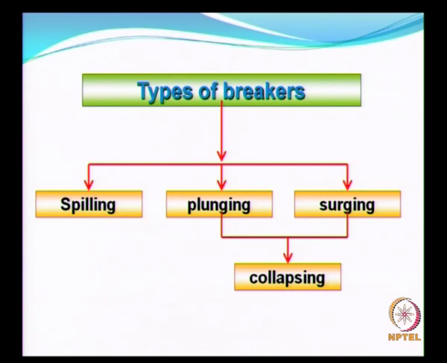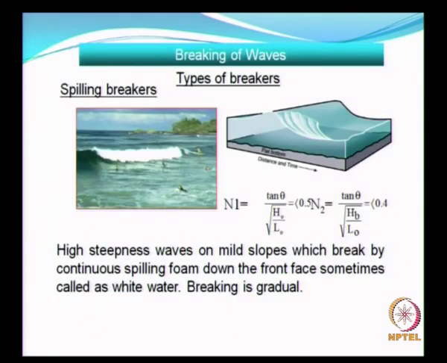So you have spilling type of breakers, plunging type of breakers, surging type of breakers, and there is a classification in between plunging and surging, which is called collapsing. The picture in the background shows a spilling breaker.